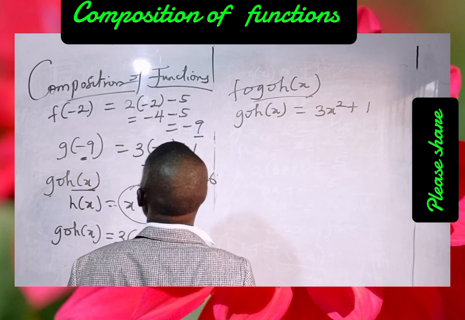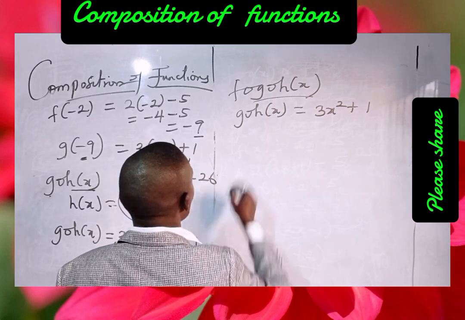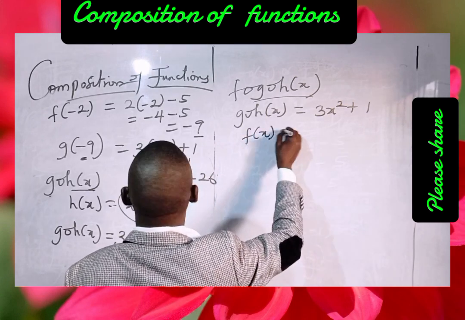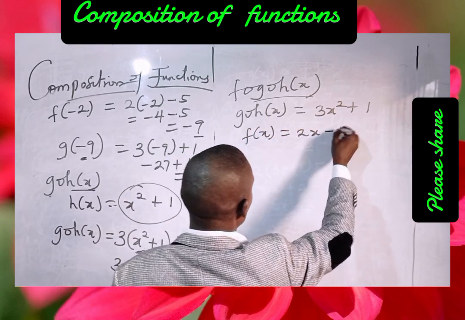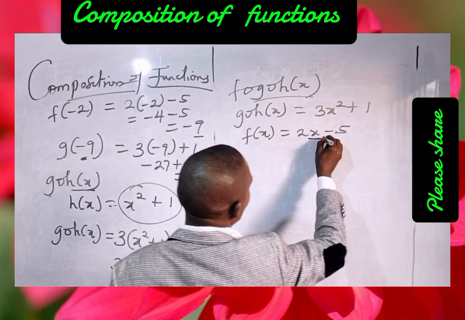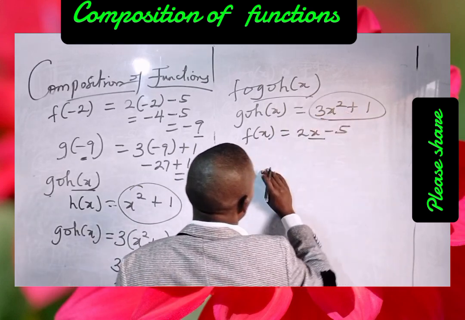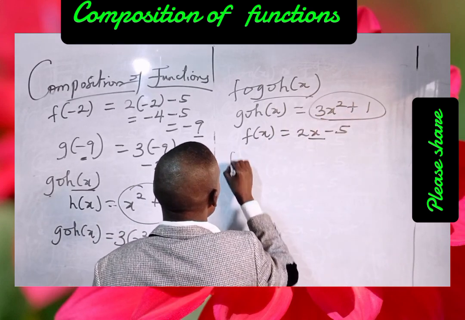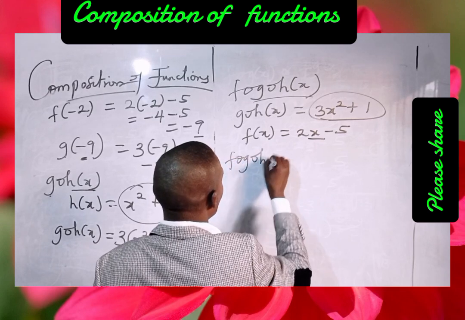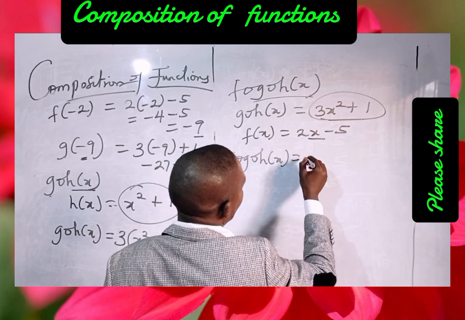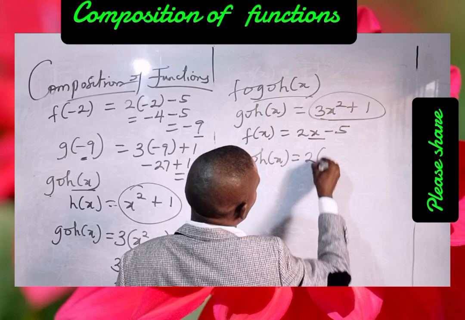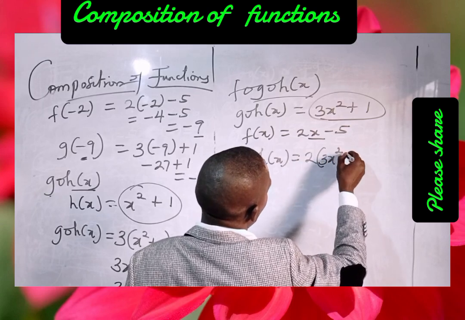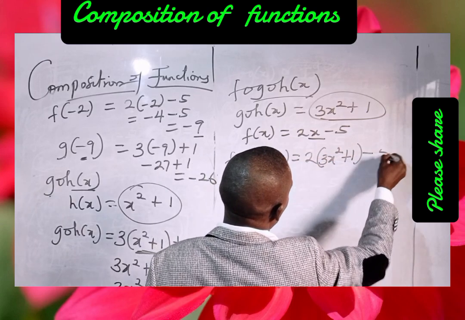F is 2x minus 5. Remember, f of x is 2x minus 5. So any place you see x, put 3x squared plus 4. So we have f of g of h of x will give me 2 times 3x squared plus 4, minus 5.